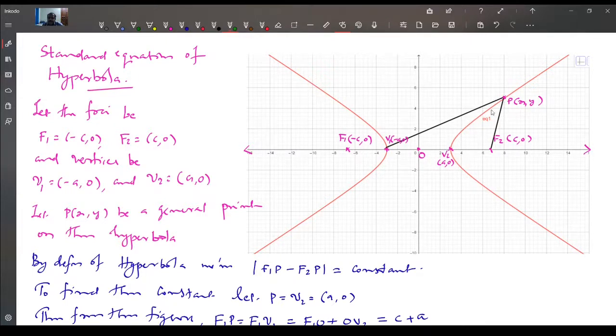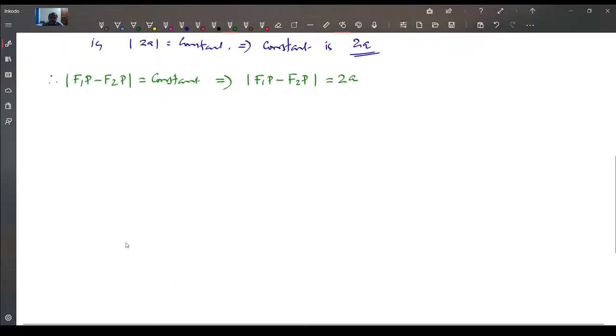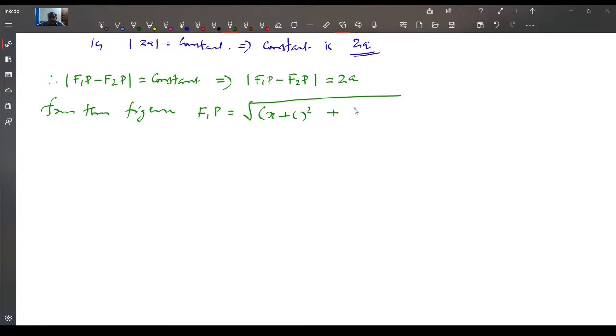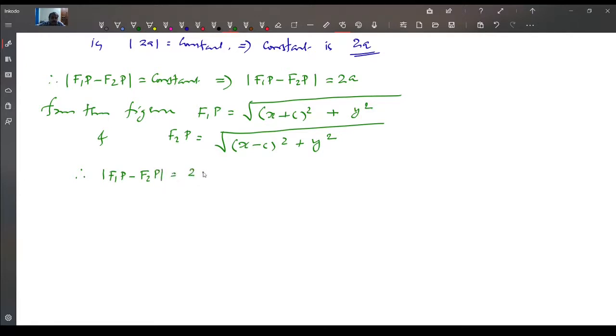By using the distance formula, F1P equals the square root of (x plus c) the whole squared plus y squared, and F2P equals the square root of (x minus c) the whole squared plus y squared. Therefore, the absolute value of F1P minus F2P equals 2a implies the square root of (x plus c) the whole squared plus y squared, minus the square root of (x minus c) the whole squared plus y squared, equals 2a.